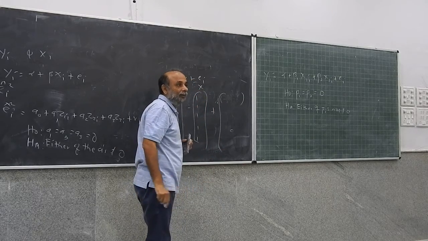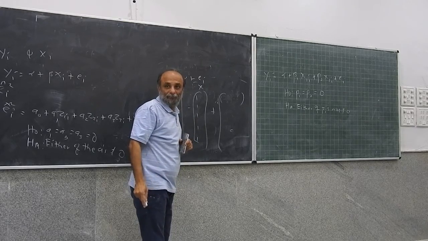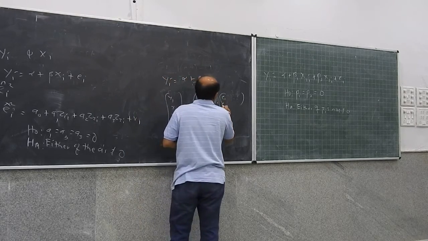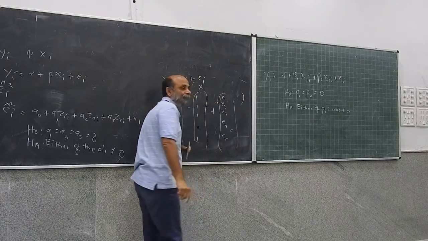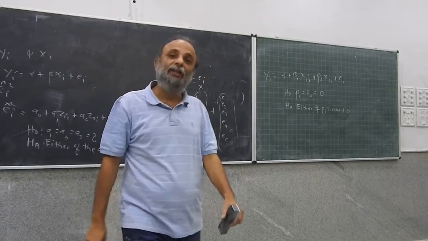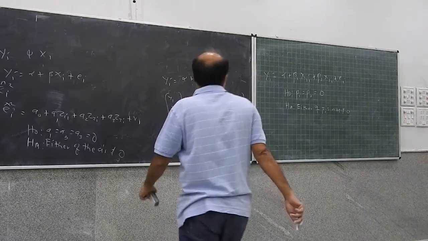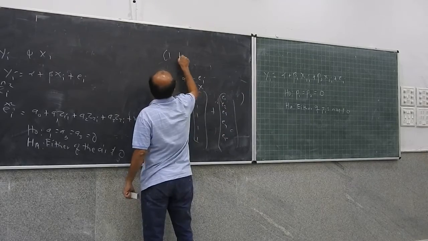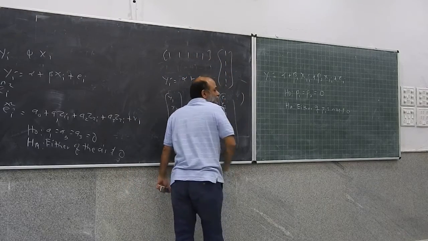Your X matrix is 1, 1, 1, 1, 1. So what is X transpose X now?